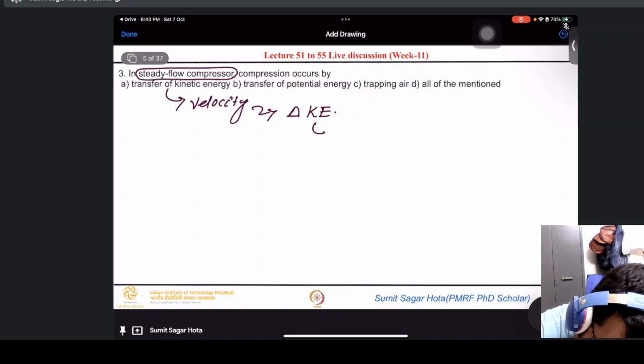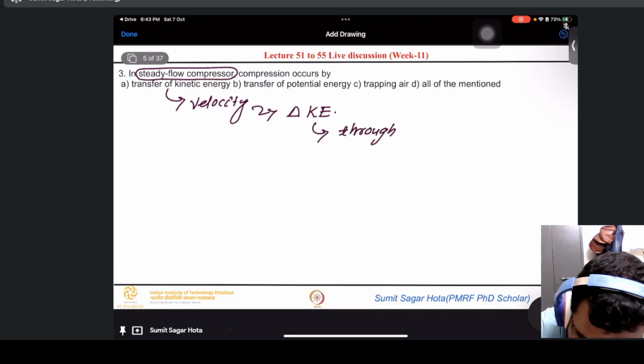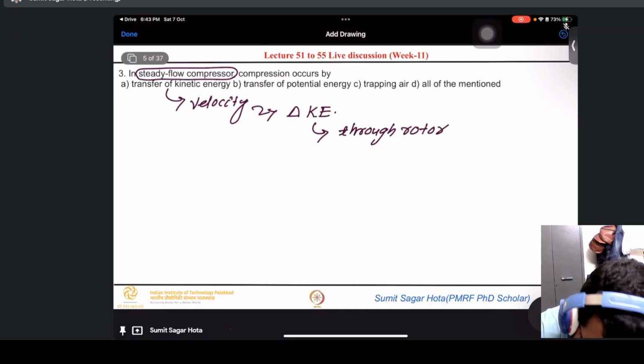It's through the rotor. So the answer of this question is A.